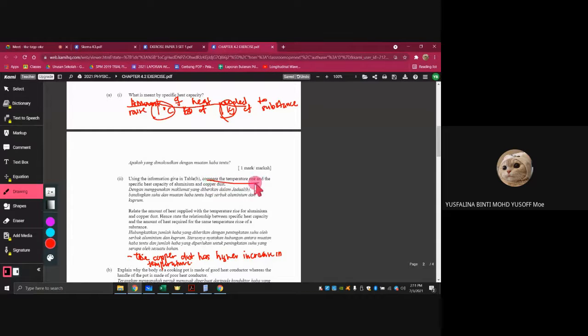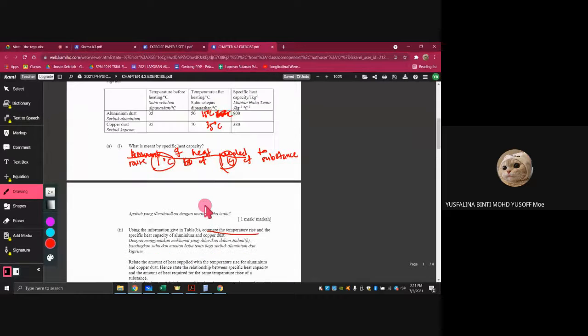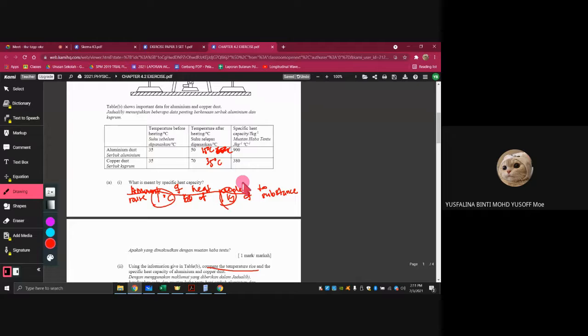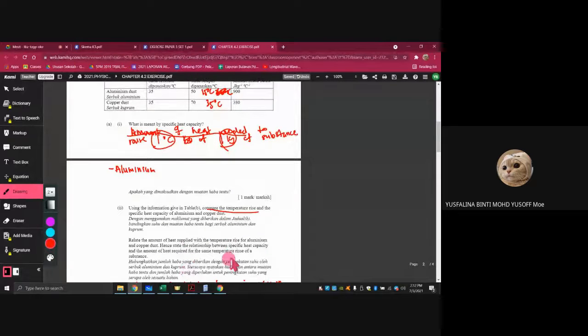For number 2, it has to compare the specific heat capacity. So you just see the specific heat capacity. Aluminium dust has higher specific heat capacity. So you just write the answer. I noticed some of you didn't answer these 2 comparison questions. You just answered the relationship one, so you lost marks for these 2.